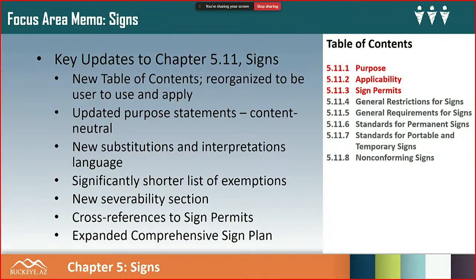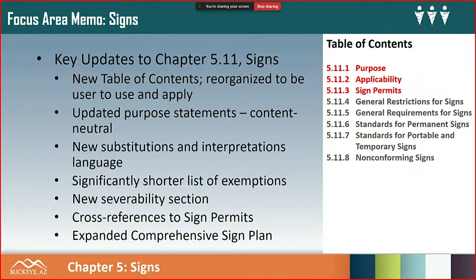We've also significantly shortened the list of exemptions because you want to make sure that you regulate everything as much as possible. The exemptions, of course, do apply to government-related signs, addressing signs, and things like that. We've provided a cross-reference to the sign permits section of the existing code, and at staff's request, expanded the comprehensive sign plan provisions to provide a lot more flexibility than your current code provides at this time.